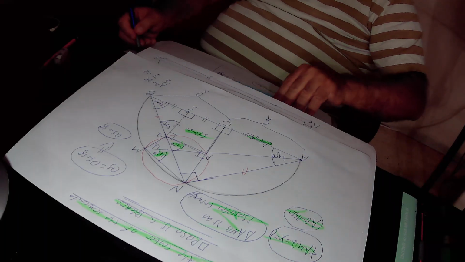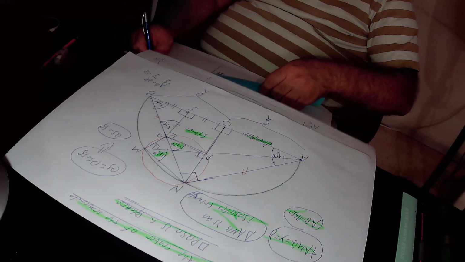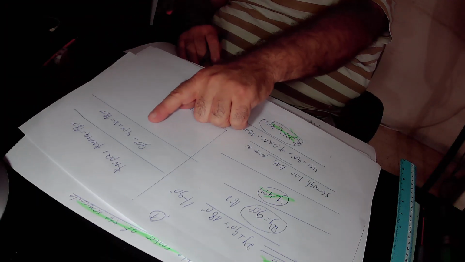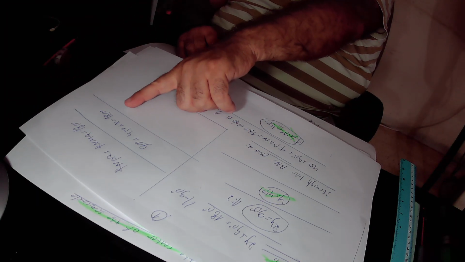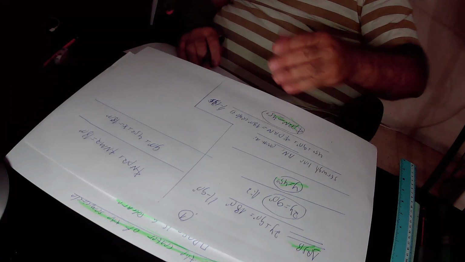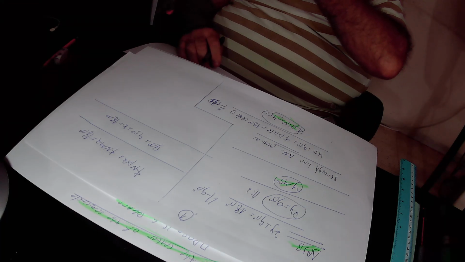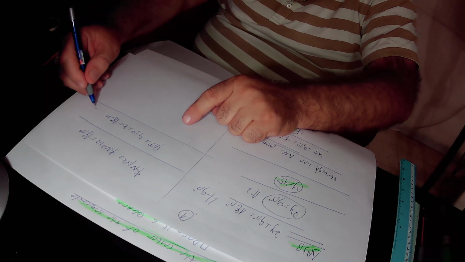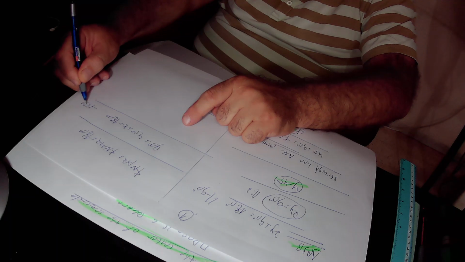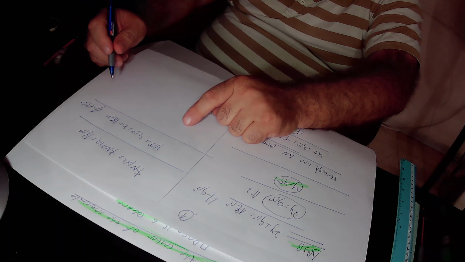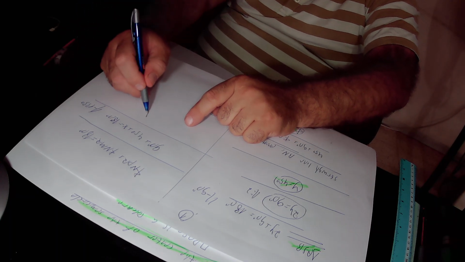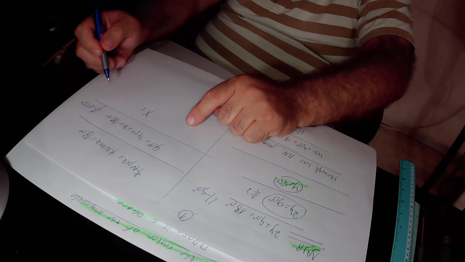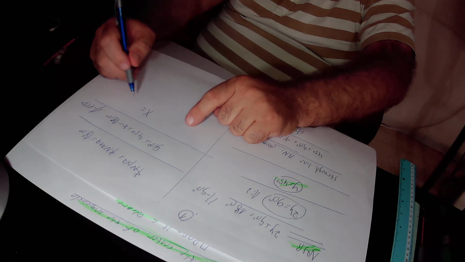In total, 90 degrees plus 45 degrees plus X equals 180 degrees. 90 degrees plus 45 degrees is 135 degrees, so we subtract 135 degrees from the equation. And we get that the missing angle X, that is the angle that we are looking for in this question, is equal to 180 degrees minus 135 degrees, which is 45 degrees.